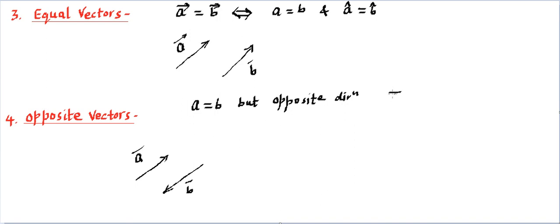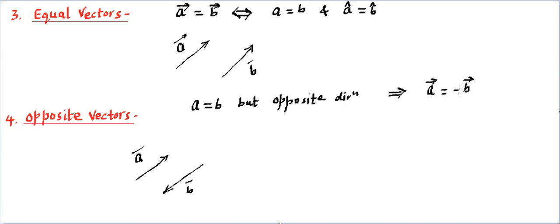Now this can be written in terms of mathematics. We write it as A vector is equal to minus B vector. This minus sign basically reverses the direction. So when we write A vector is equal to minus B vector, it means A vector has the same magnitude as B vector, but A vector has a direction opposite to B vector.